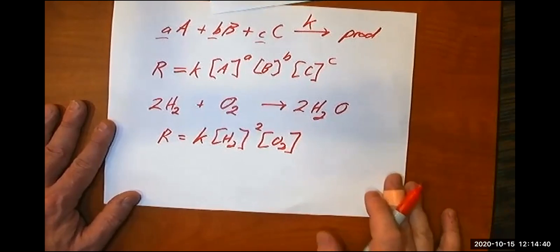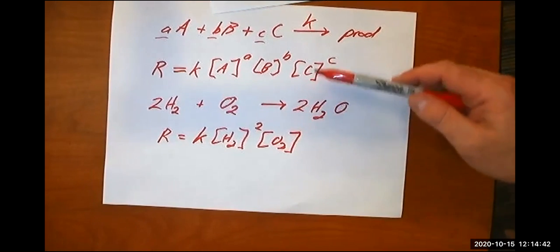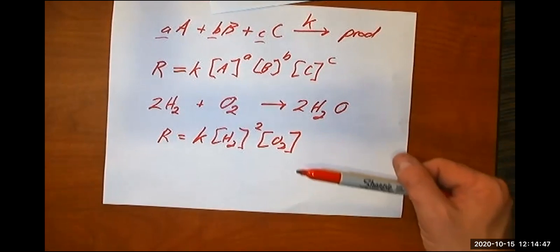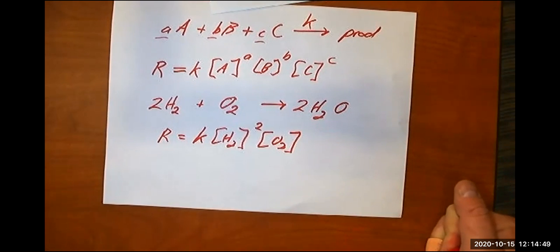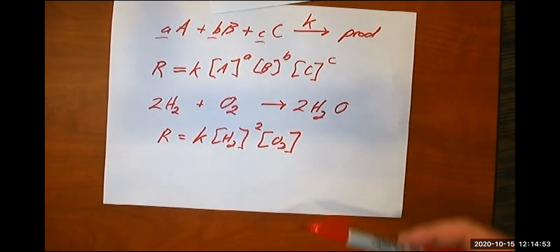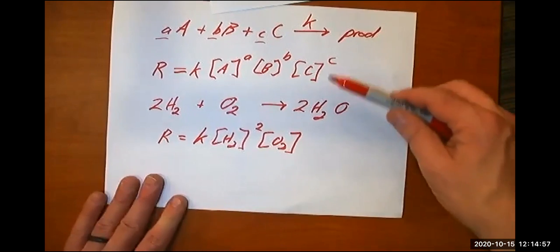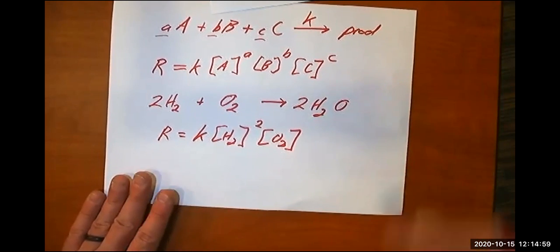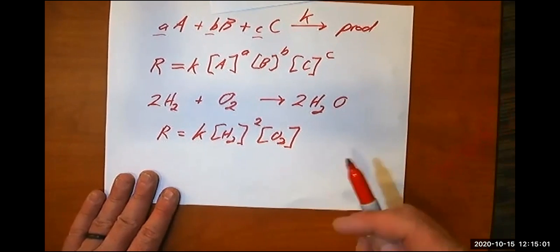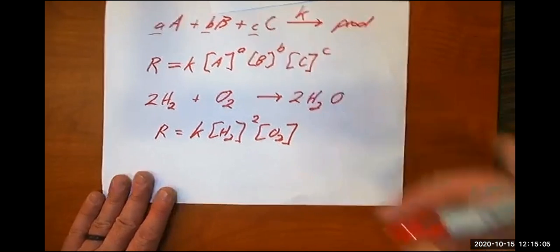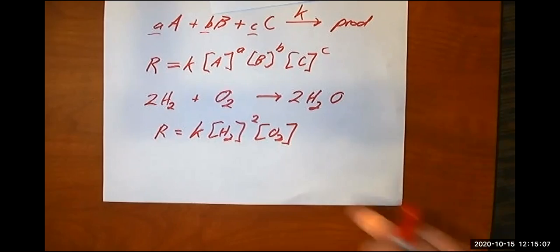So this is a skill that you use whenever you're analyzing a reaction mechanism, because for each elementary step you need to be able to write down the rate of that step. This needs to become second nature, because we're building on it for things later.